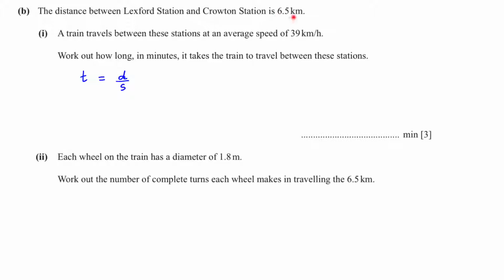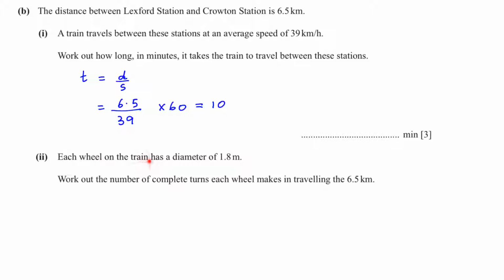Distance is 6.5 km and speed is 39 km per hour. We will multiply by 60 because speed is in kilometers per hour and we want to find it in minutes. 1 hour has 60 minutes and this will give us 10 minutes. So that is your answer.